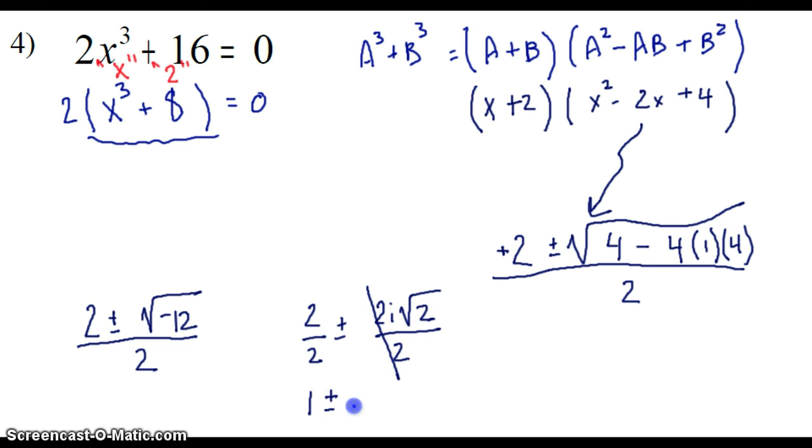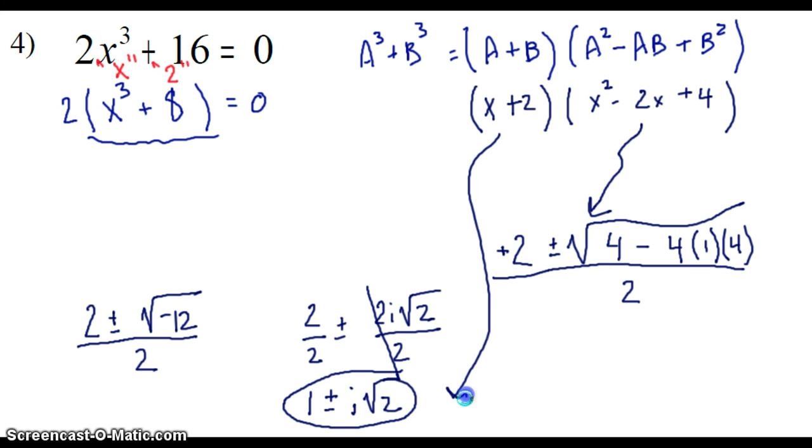The 2's cancel, so I just have i root 3. So there are my other 2 roots to go along with my one rational root, negative 2. So there are my 3 roots, and that concludes the checkpoint. So hopefully this helps, and we'll see you in class.